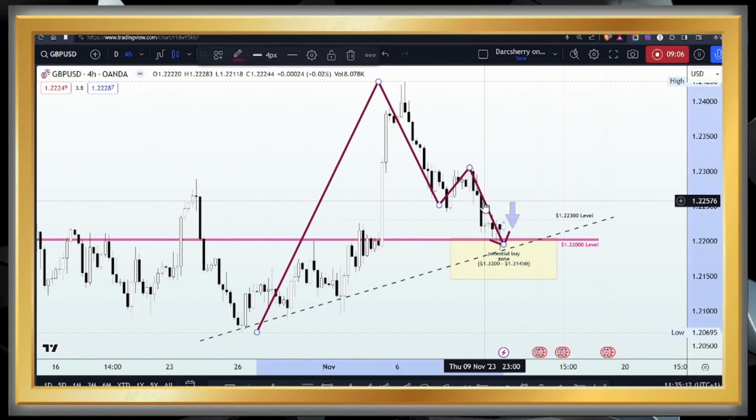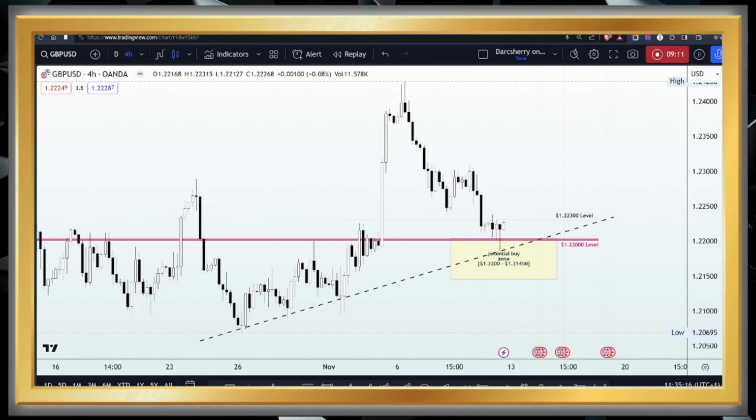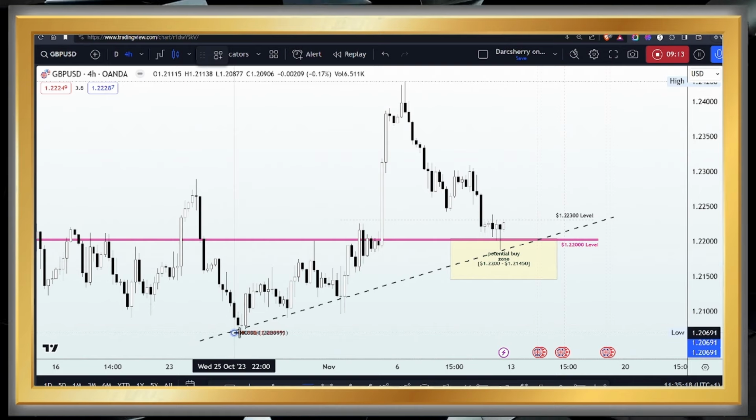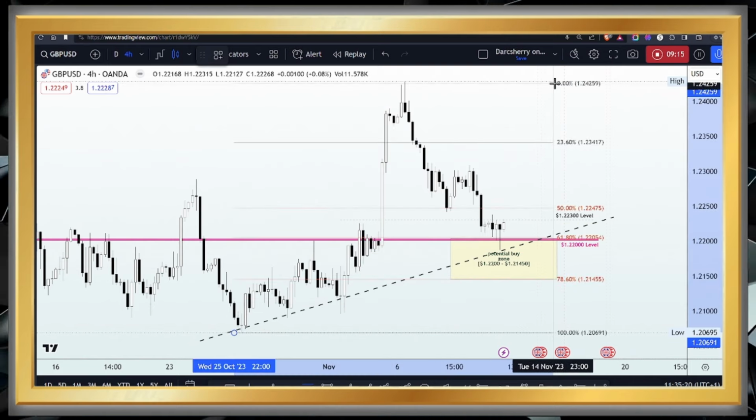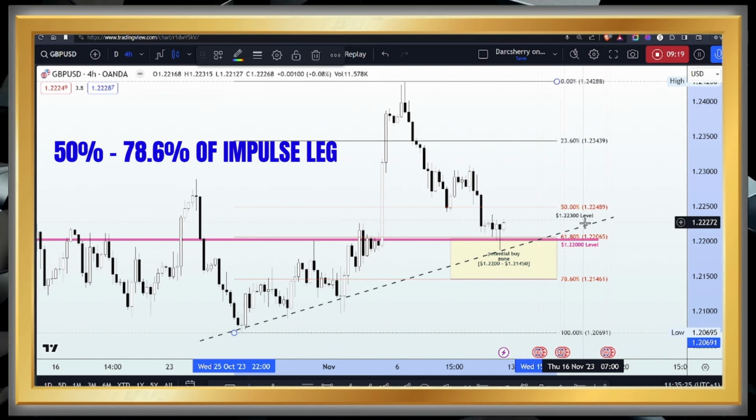Well, to project how far this retracement phase might likely go, I used my Fibonacci retracement tool, ran it through the previous impulse leg, and we were aiming at that area between the 50 and the 78.6% of the impulse leg as a zone where it's likely the retracement phase will end.